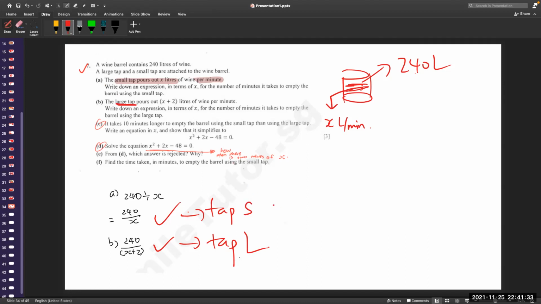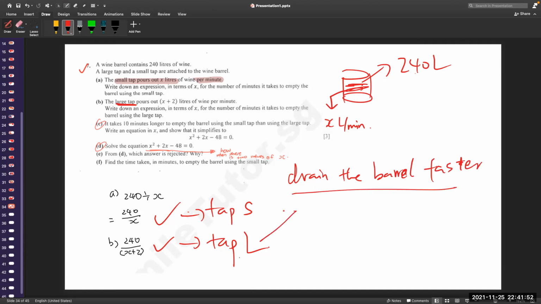Which one drains the barrel faster? The bigger one. Yes.